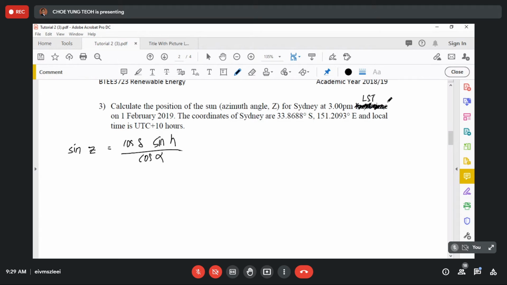But in the exam, you don't simply go and edit the question. You must follow exactly the question. Okay, then we need to get declination angle, alpha and hour angle. So maybe we can start with declination angle. Direct forward, sine.